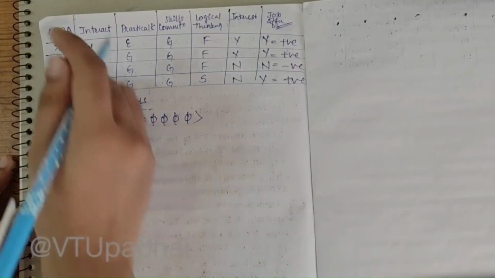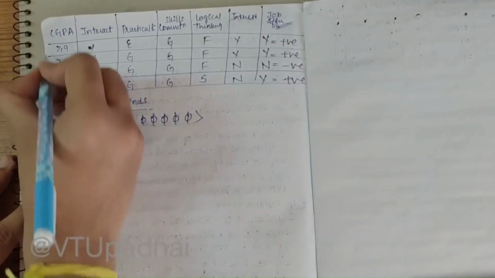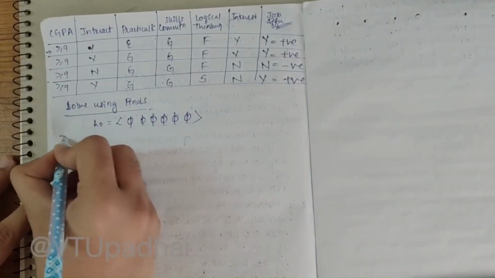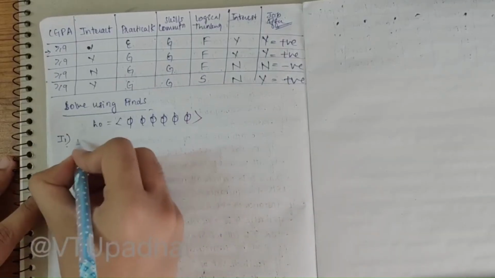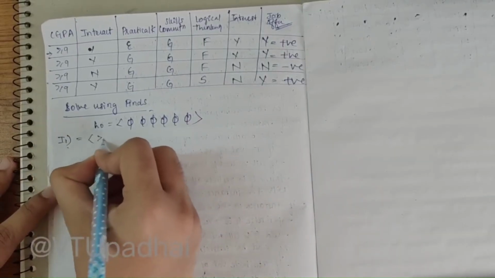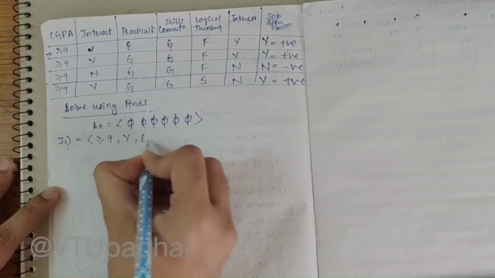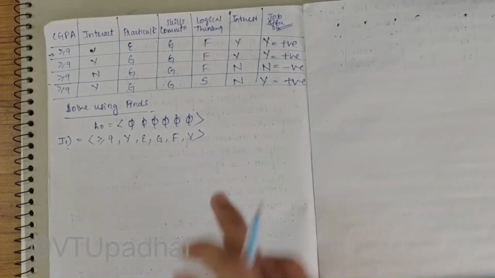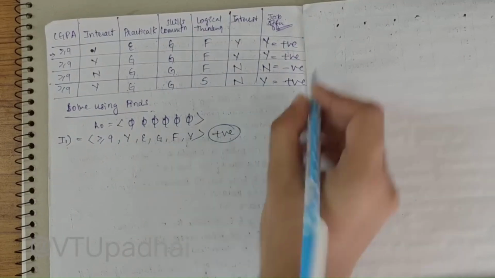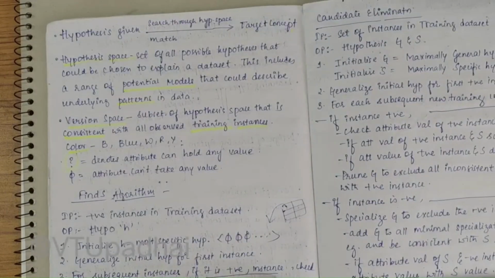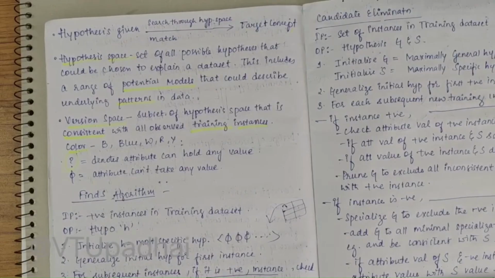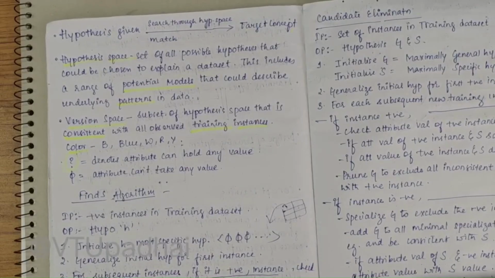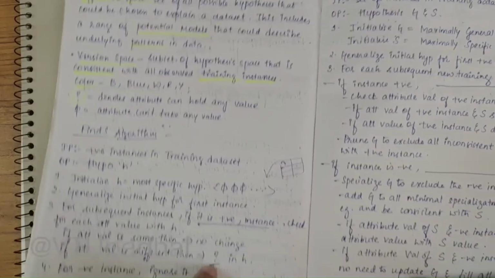Next I will start considering each instance. So this one is I1. I'll specify the instance values: greater than or equal to 9, Y, E, G, F, and Y. Now that I've specified it, this is a positive instance, right? So whenever I have a positive instance, check each attribute value with H. If the values are the same, then no change. If the values are different, then replace it with a question mark.